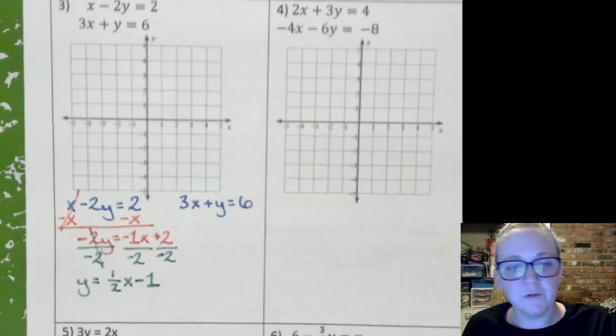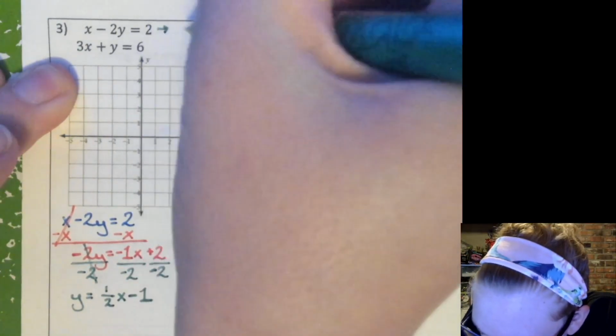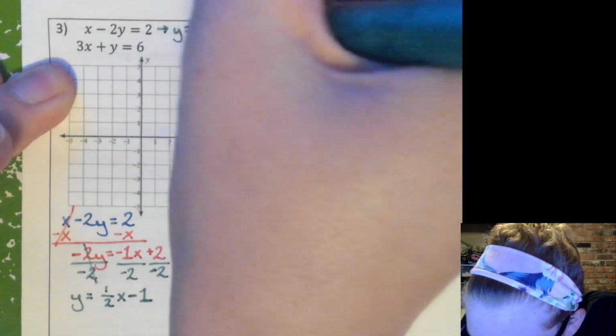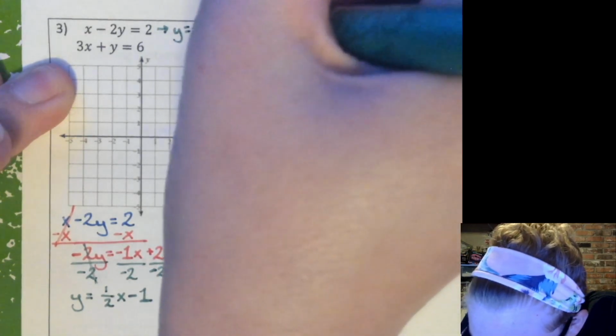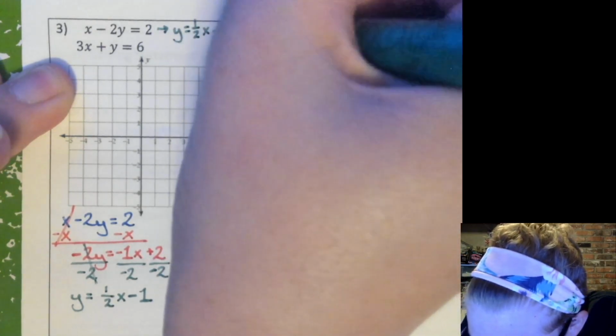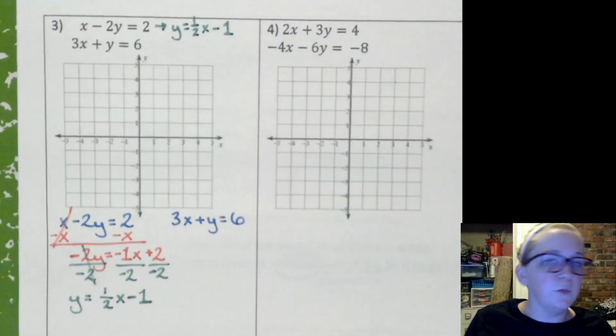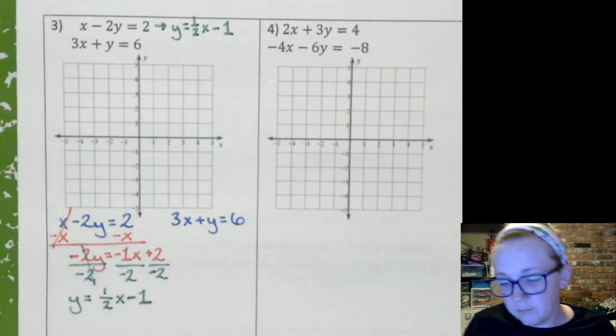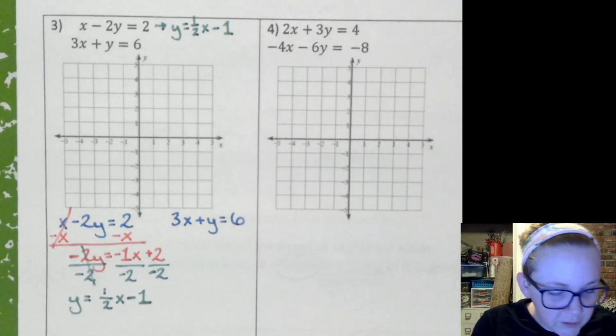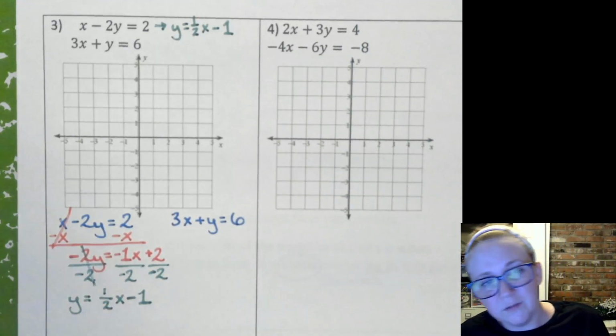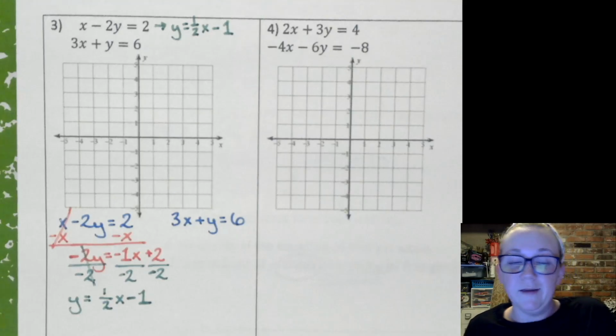All right, that's our first equation. So I'm going to write it up here, this way we know what we're graphing. And if you're one of those people that write super big, I'm really sorry. But I have to fit so much stuff on a page, so this doesn't fit. Sorry about that. I tried.